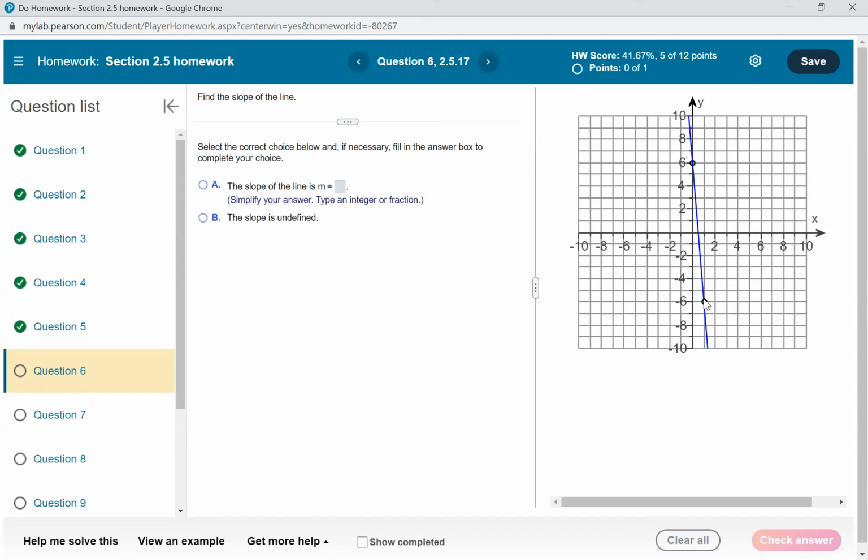Now y'all see that line is going downhill from the left to the right. So since that line is going downhill, what sign should my slope be when I'm done? Do y'all remember what we said on that?